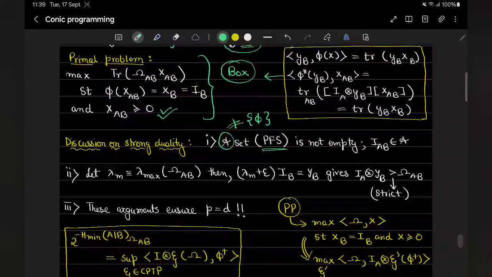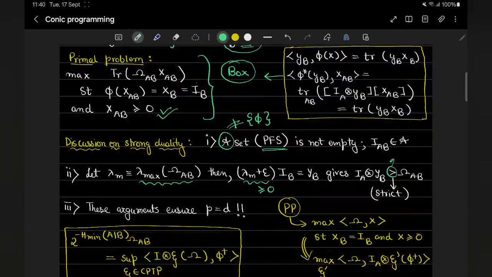And the second point is that the dual feasible set is also non-empty, and it has an element contained inside it rather than on the boundary. So this is given by the fact that you can take the maximum value of your state in question, and you can add to it a small positive number which is greater than or equal to 0, and this will give you IA tensor YB as strictly greater than 0.